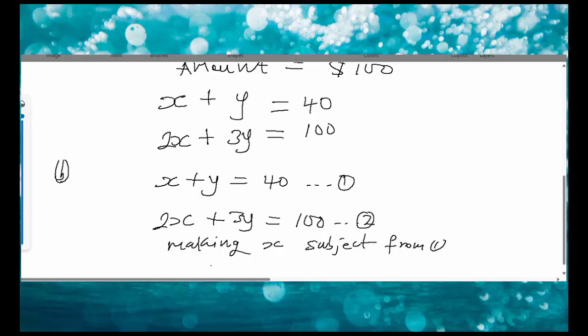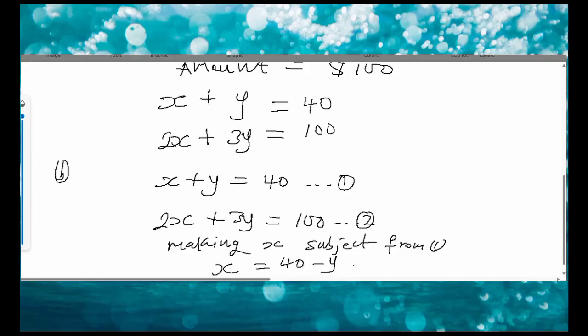Then we're going to have x is equal to 40 minus y. To make x the subject, we need to let x stand alone, and that is to say that we need to send this y across the equality sign. The y is positive. When it crosses this equality sign, it becomes what? Negative. That is why we have minus y here.